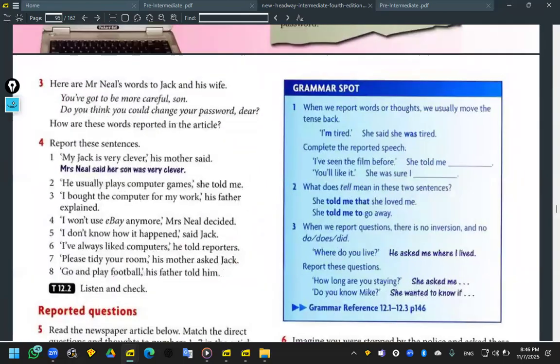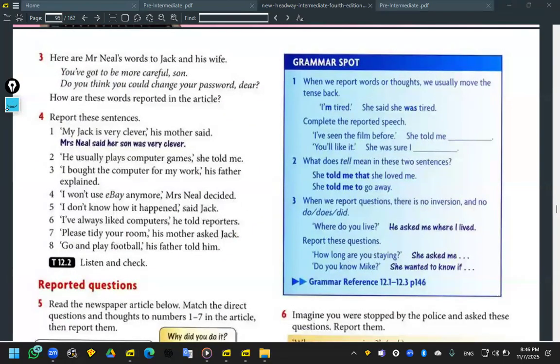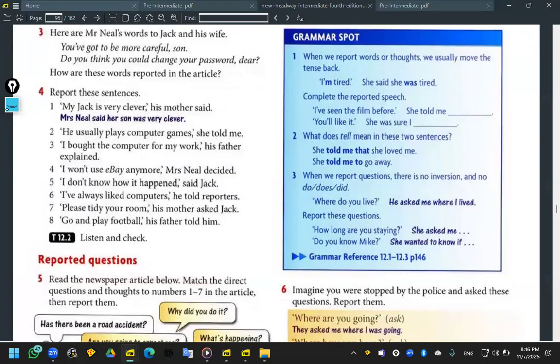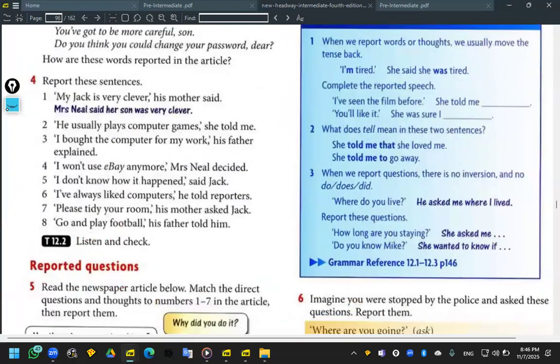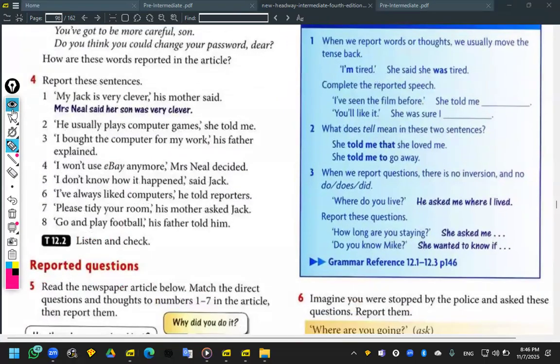Now I think it's time to complete by discussing exercise number 4, which is saying, let's try, guys, to report these sentences. Number 1 is already solved for us: My Jack is very clever, his mom said. So Mrs. Neal said her son was very clever.